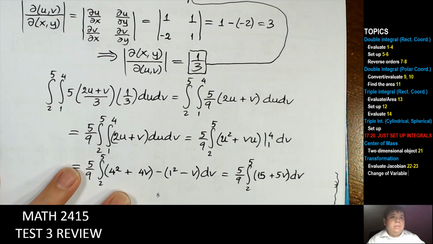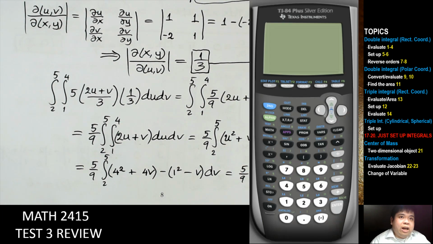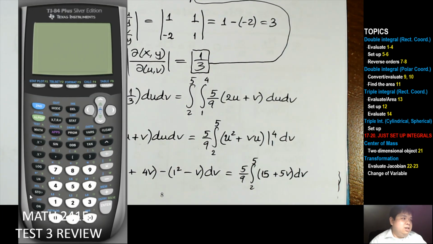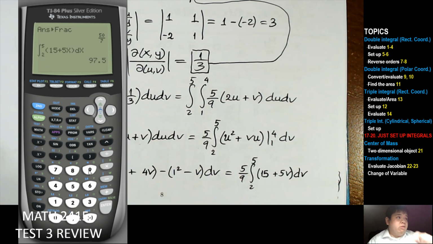I'm just trying to use the calculator here. I have 97 over 5. Notice we need to multiply by 5 over 9, so we have that times 5 divided by 9.